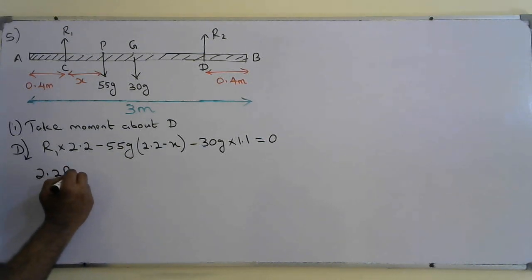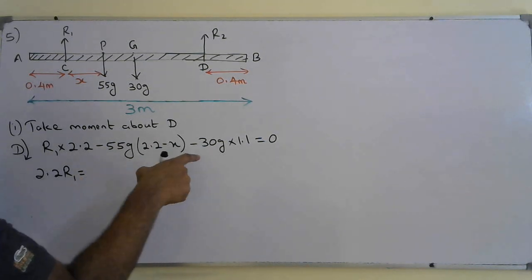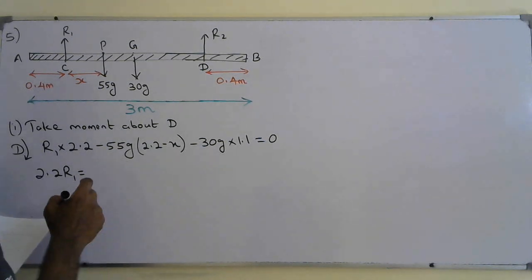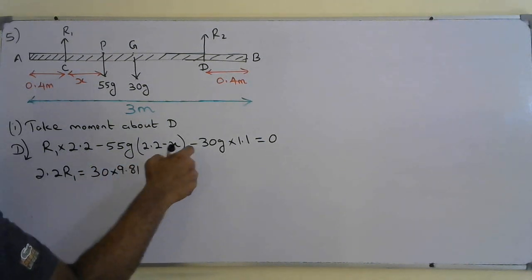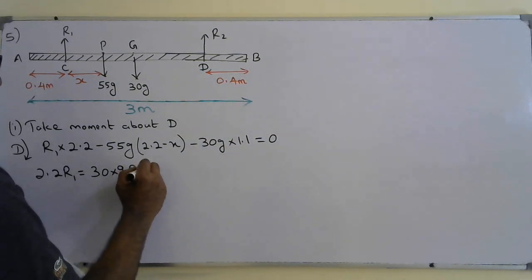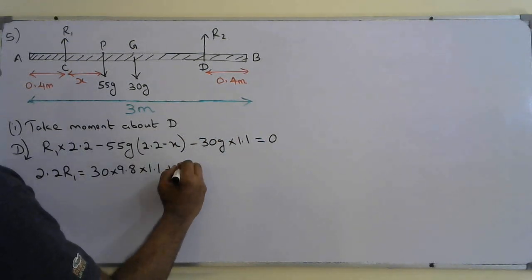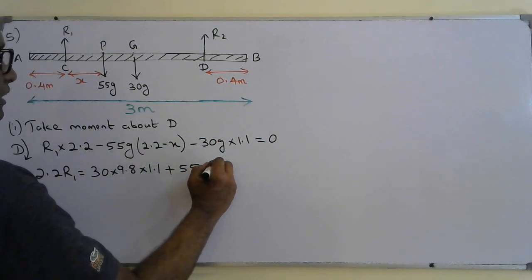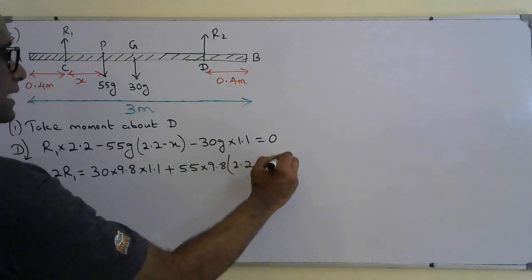So 2.2 R1 is equal to, rearranging, 30g, that is 30 into 9.8 into 1.1, plus 55 into 9.8 into (2.2 minus x).